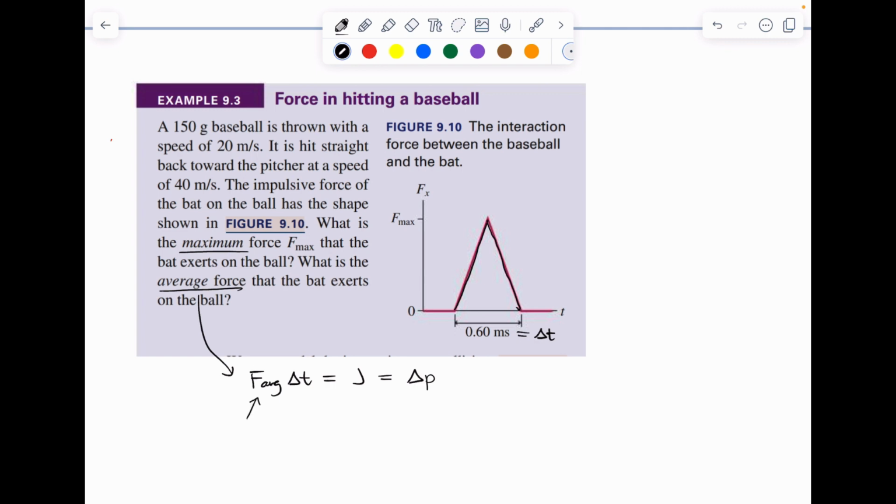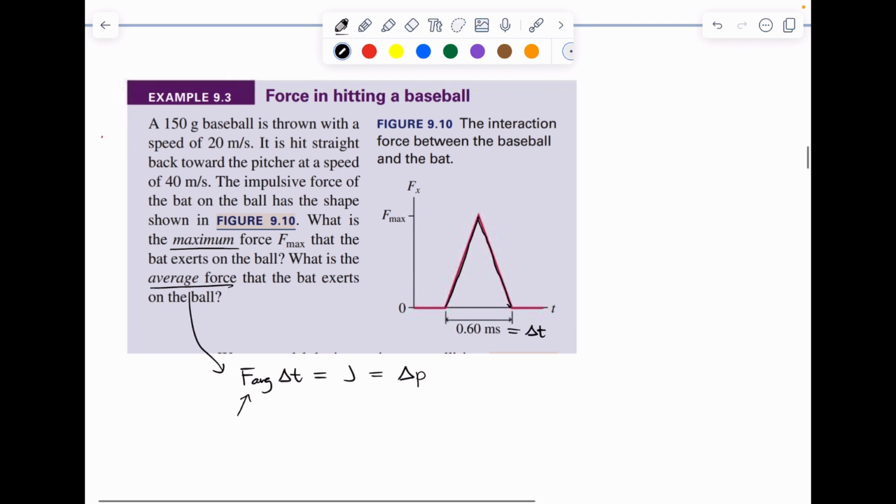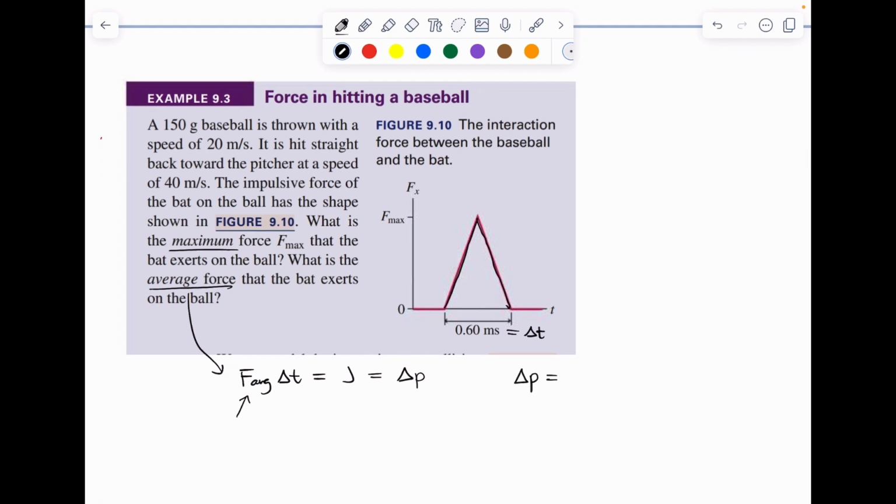We might deal with the maximum force later. You might be able to find the maximum force from the beginning too, but I just prefer to do it this way. So what is the change in momentum? Final momentum minus initial, always.